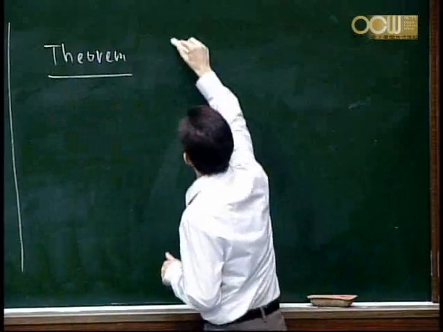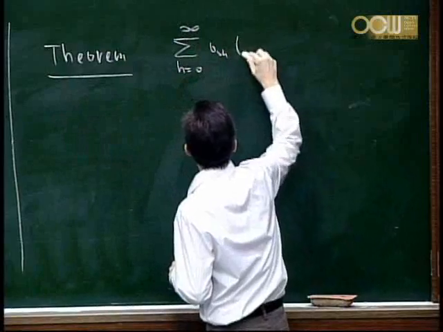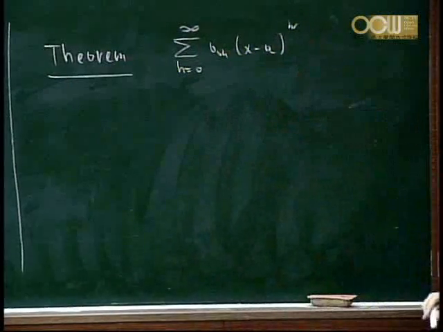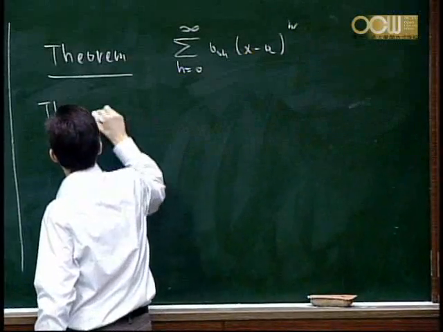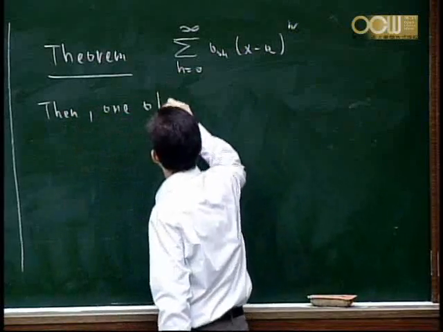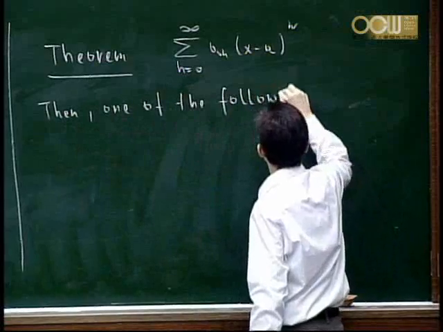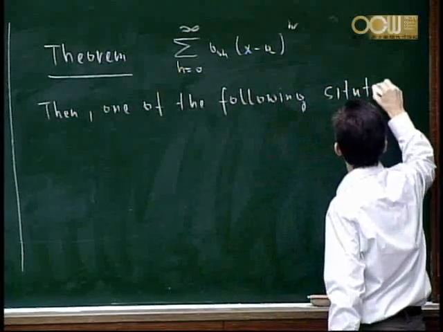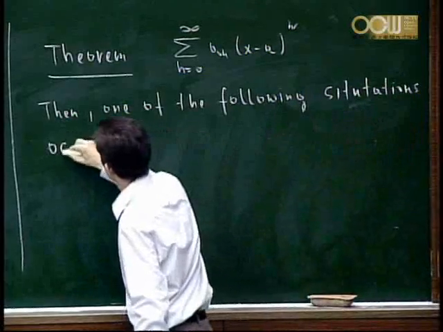We have given a power series, the sum over n from 0 to infinity of a_n (x minus a) to the n. Then one of the following situations occurs.